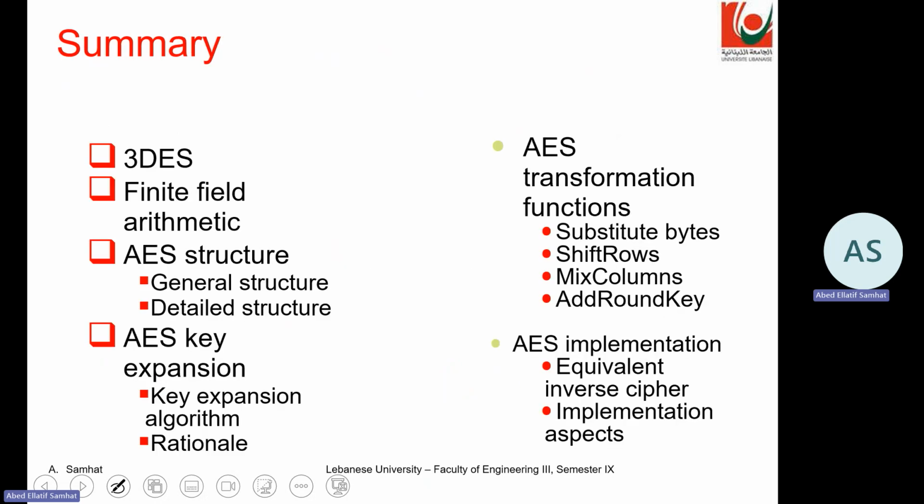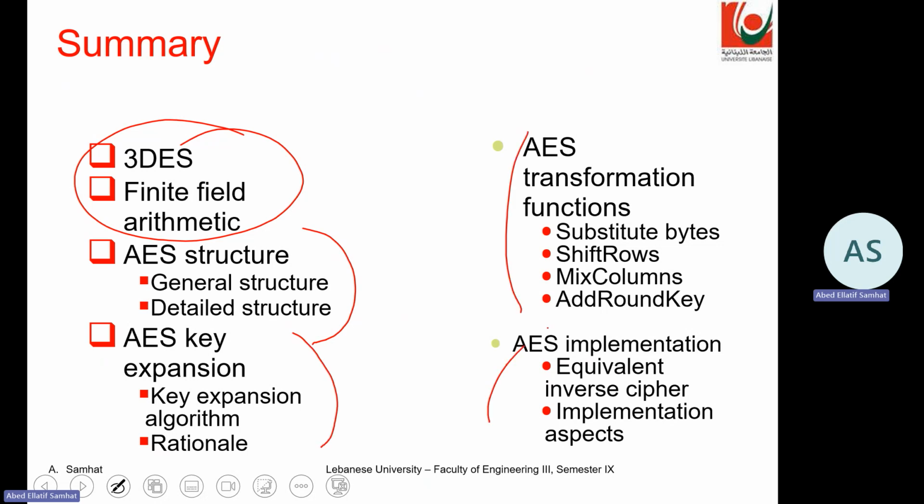If we want to summarize, we started with 3DES and saw how we applied DES. Then we presented the AES structure, the key expansion, how it is done, then the different transformations and the implementation. So now we presented the most important block cipher algorithms.